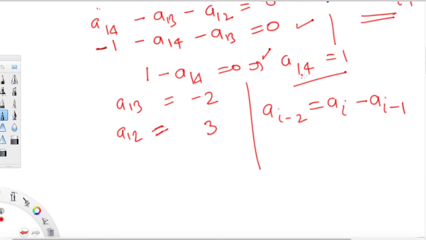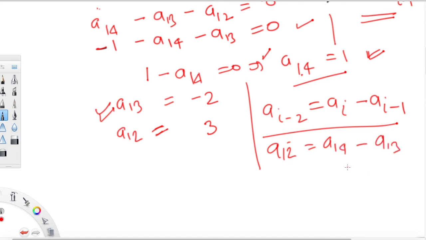Here I get a14 is equal to 1, a13 is equal to minus 2. So a12 is a14 minus a13. Do you understand this? If I plug in i is equal to 14, I will get this relation.